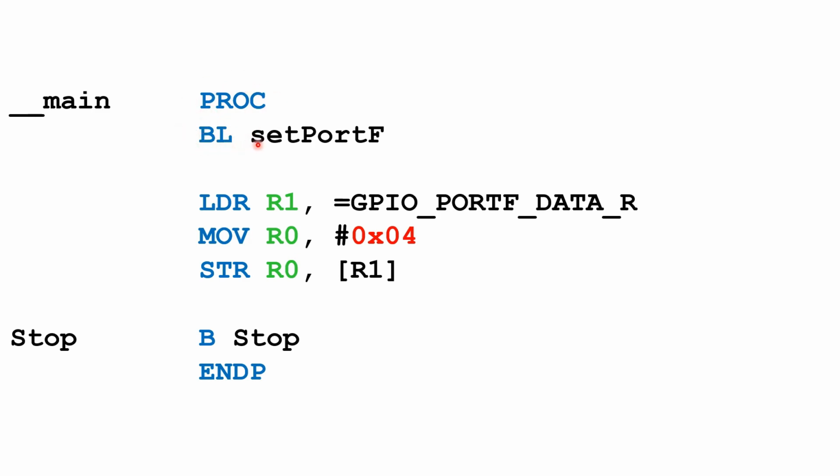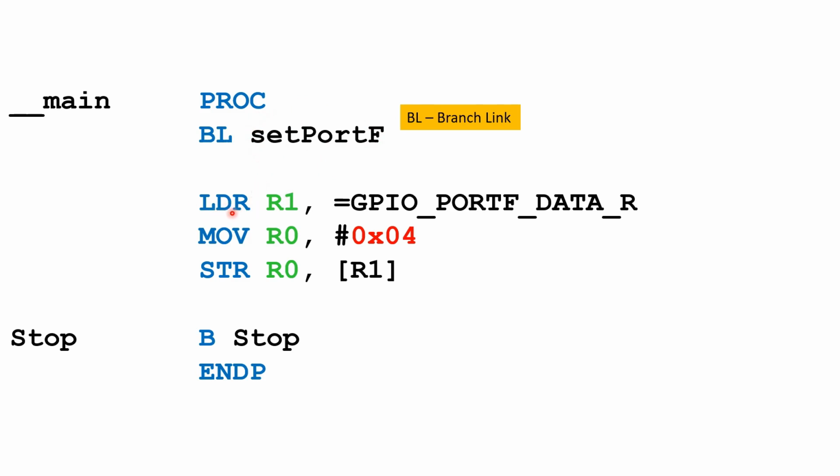Then BL, which stands for branch link, is basically used to branch or jump to a subroutine or another procedure. The name of this subroutine in our case is SetPortF. We'll come to this subroutine in a few moments.